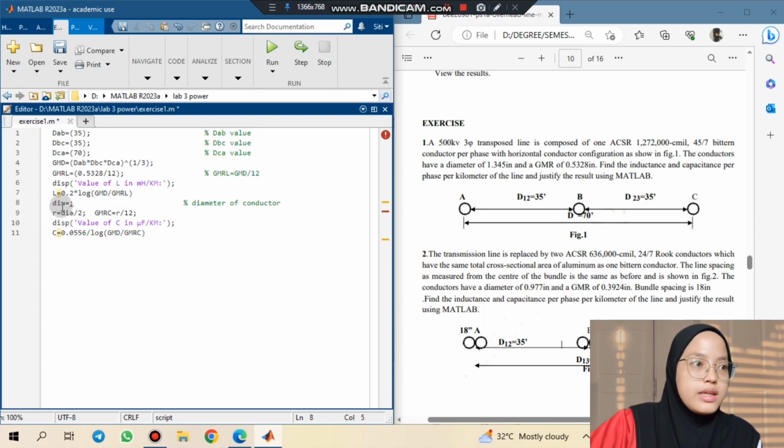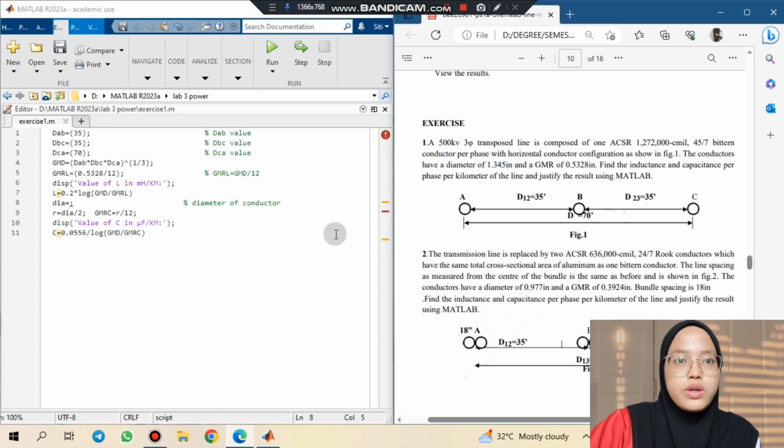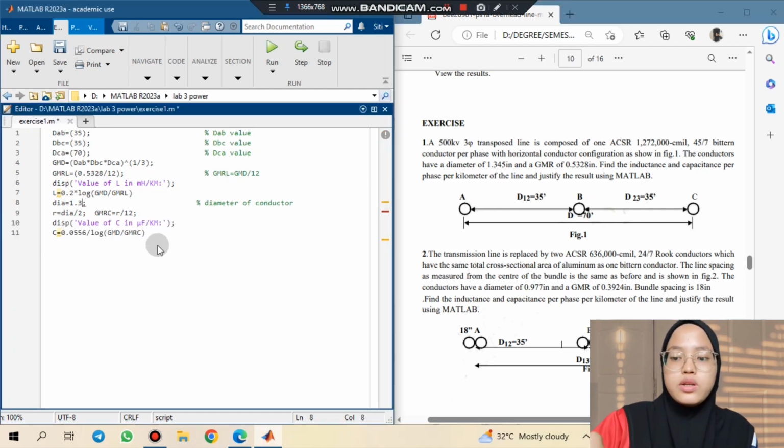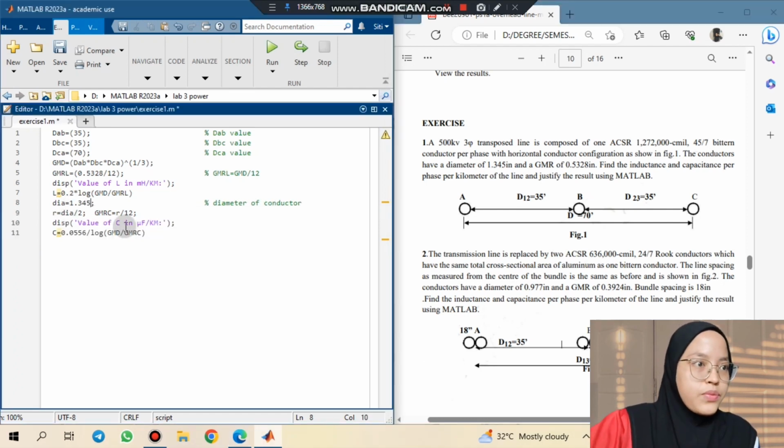And line number 8 is asking for the diameter of the conductor. From the question, we can see the diameter of the conductor is equal to 1.345 inches. So radius is equal to diameter over 2. GMRC is equal to radius over 12.